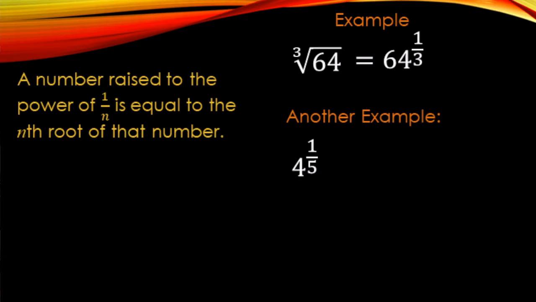Here's another example here, 4 to the 1/5 power. We're going to change that into radical form. So here we go. That's going to be the 5th root of 4. So again, the denominator of the fractional exponent is the index when you write it as a radical.